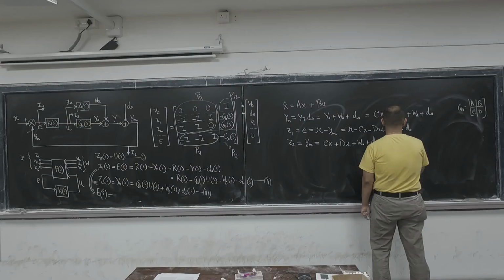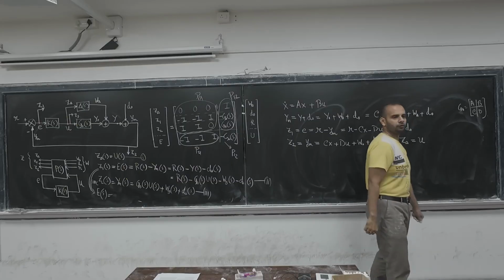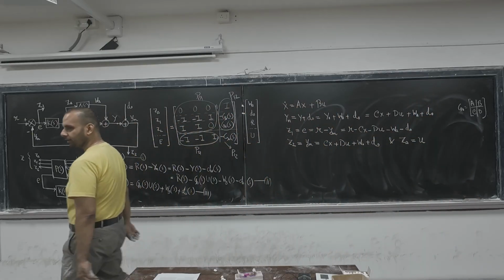And finally, Z delta equals U. No further simplification is required because U is already one of the variables.